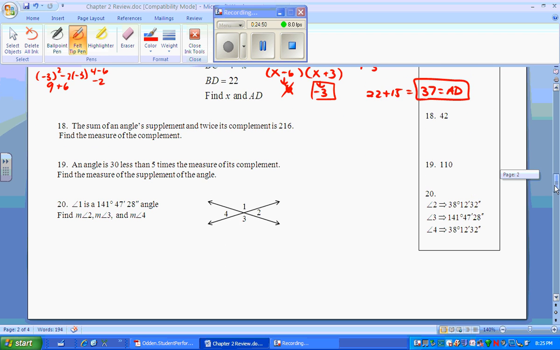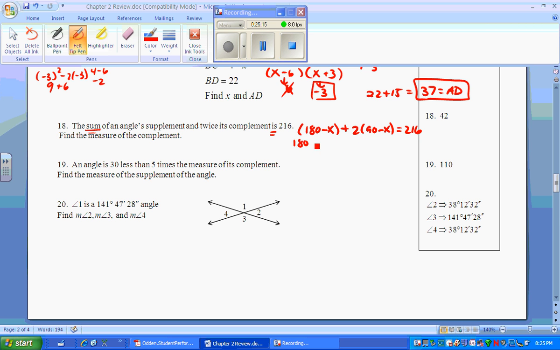Question 18. The sum of an angle supplement and twice its complement is 216. Here's your equal sign. The sum means add, so we have the angle supplement, 180 minus x, and we're adding twice its complement, 2 of the 90 minus x's, and setting it equal to 216.